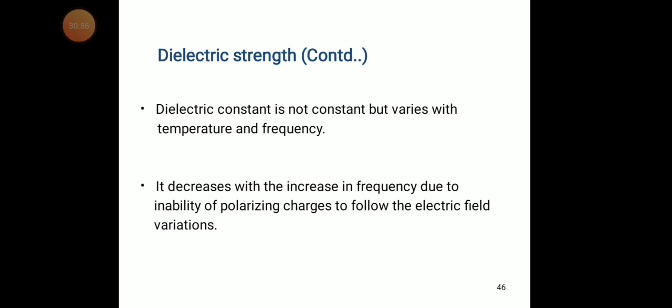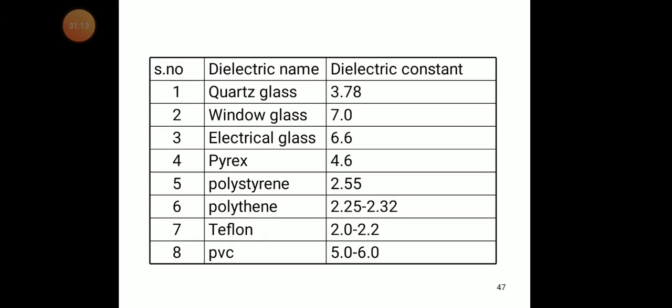Why does it decrease with frequency? When the frequency changes rapidly, the polarization also changes, and this polarization follows the electric field variation. That's why it may decrease as the temperature changes.